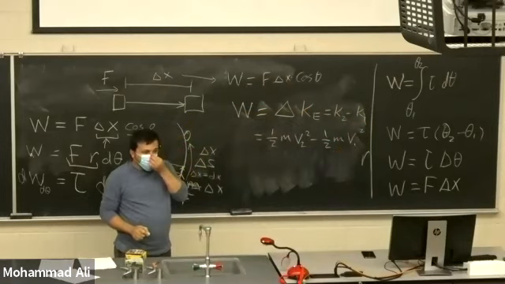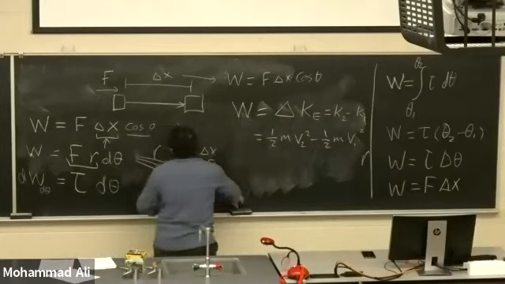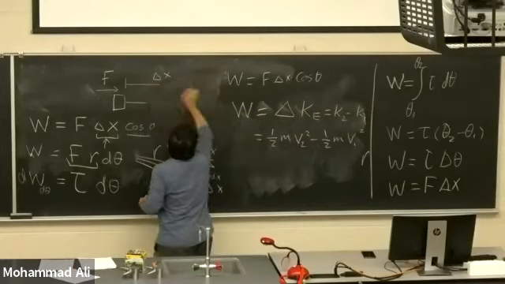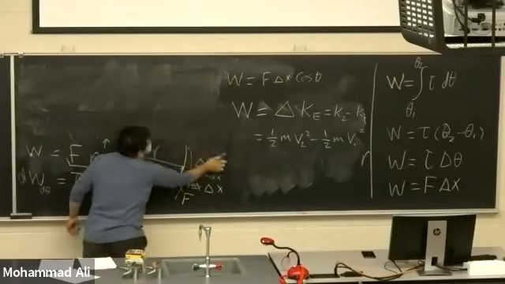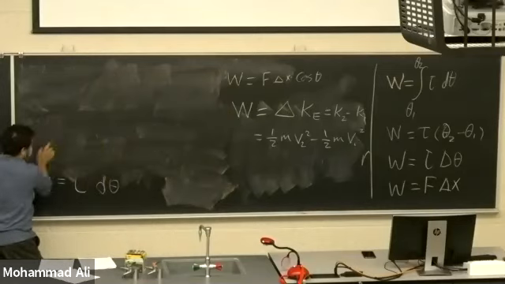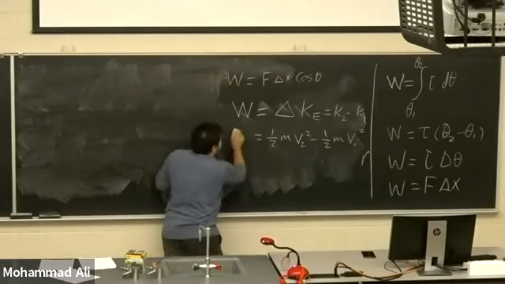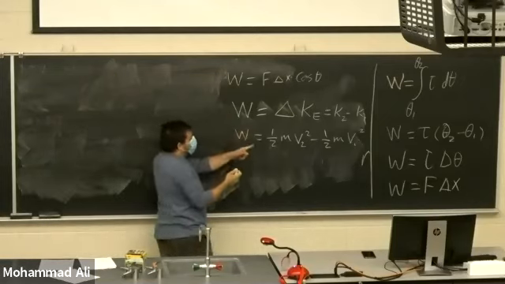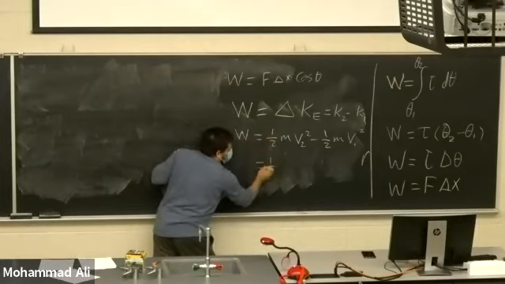We can apply this for angular motion in the same way. Any one of you can expect the shape of this relation. This is the work. This is kinetic energy. Half is half.